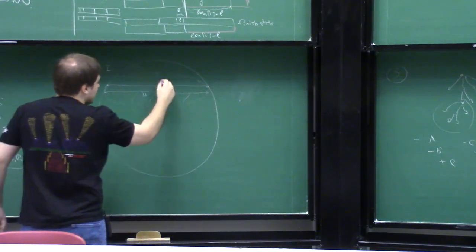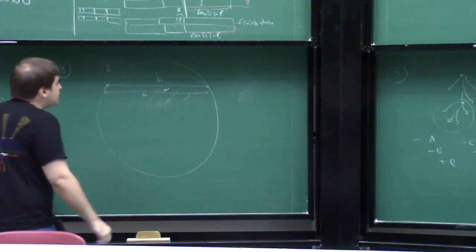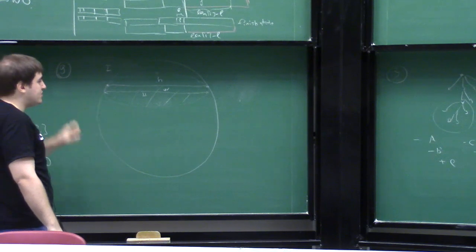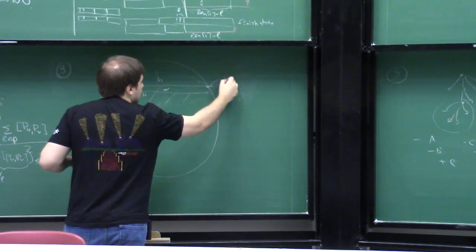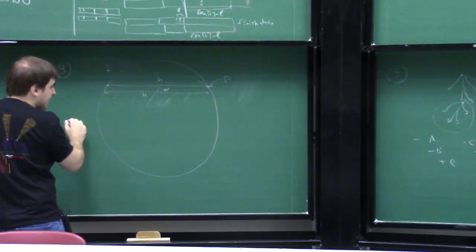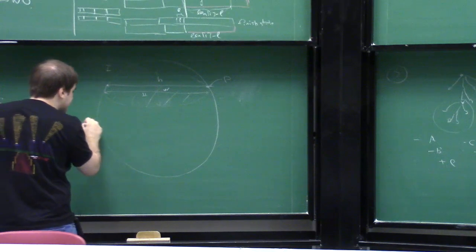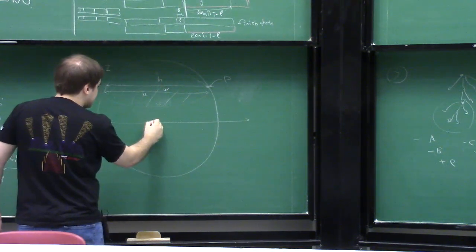It's like this. We have to know h, w, and the coordinates of these points. Let's say the absolute coordinates. So we also have to know these points, P and Q, which will be symmetric. Let's say that we have a coordinate system passing through the center of the picture. So here is the beginning.